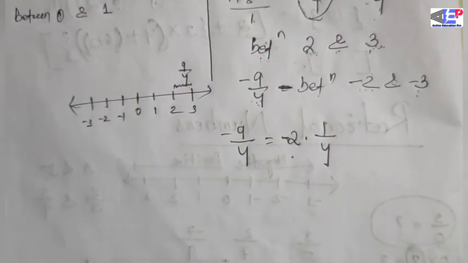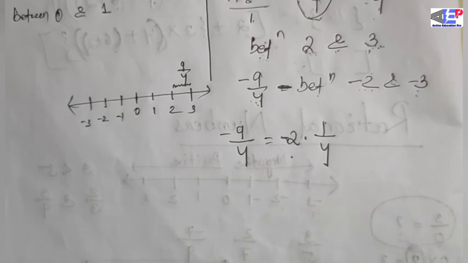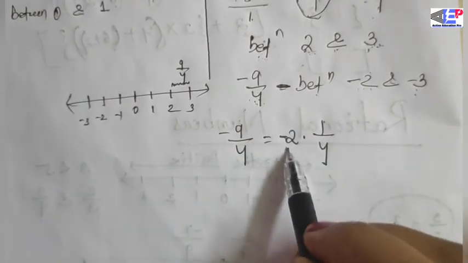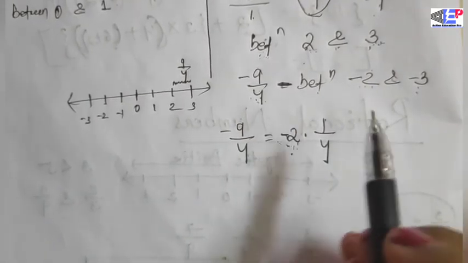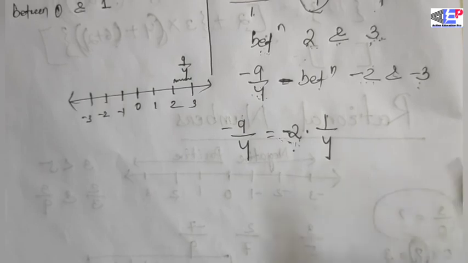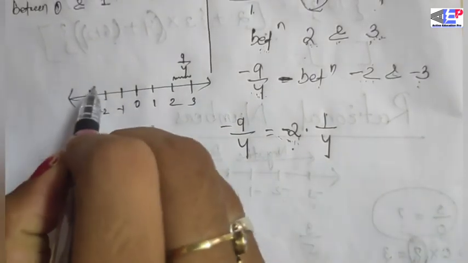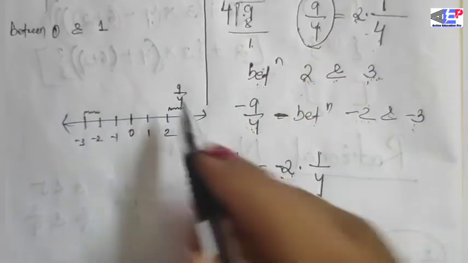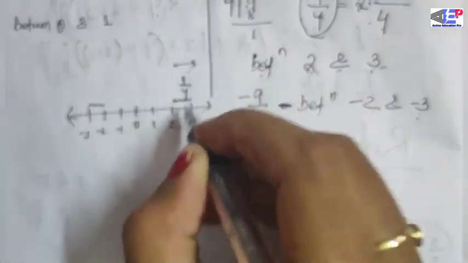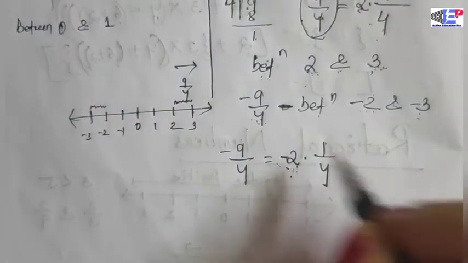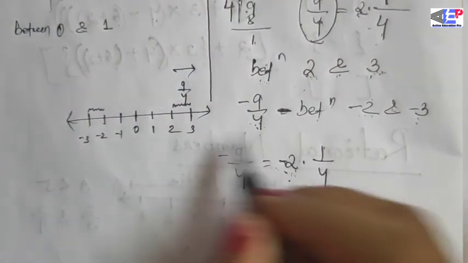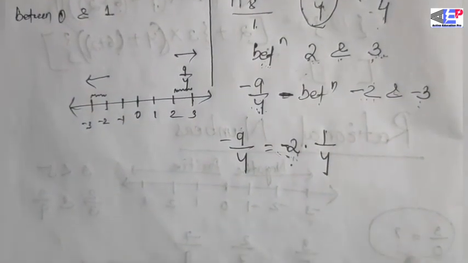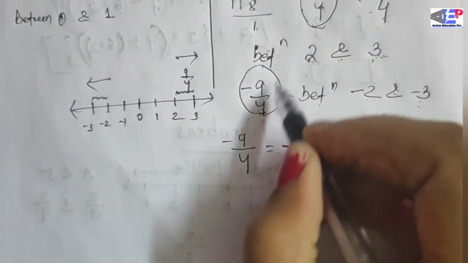When minus 9 by 4 is to be spotted on the number line, its whole number part is minus 2 and its next number will be minus 3, means it moves towards the left. For positive numbers, we move towards the right to the next number. For negative rational numbers, we move towards the left to find the next number and spot the negative rational number.